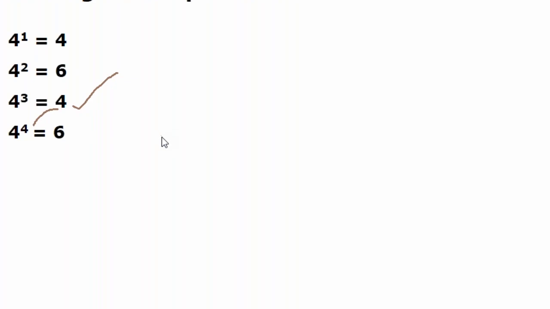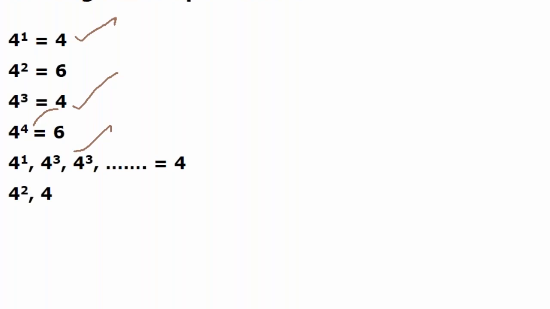So 4 power 1, 4; 4 power 3, 4; 4 power 5, 4. If you observe clearly, the powers of 4 are 1, 3, 5. Have you all understood? 4 power 1, 4 power 3, 4 power 5 end in 4; 4 power 2, 4 power 4, 4 power 6 end in 6.